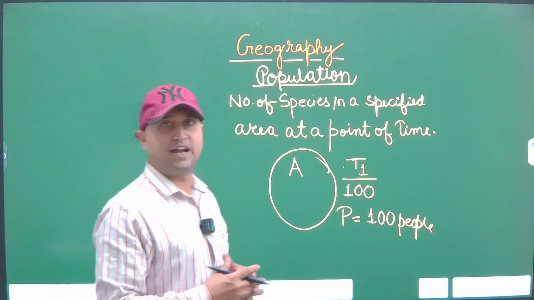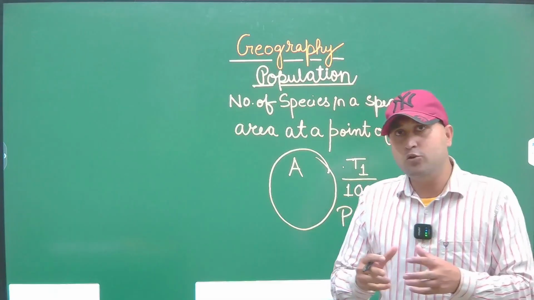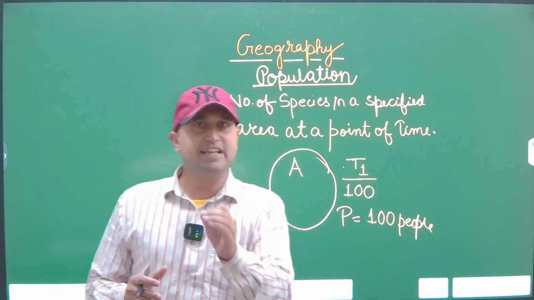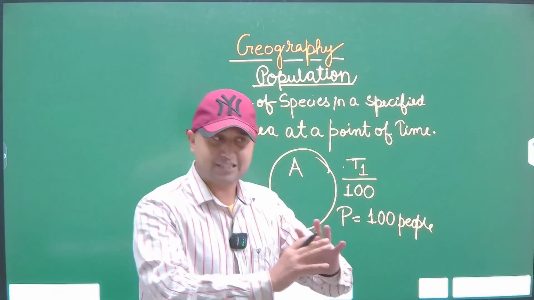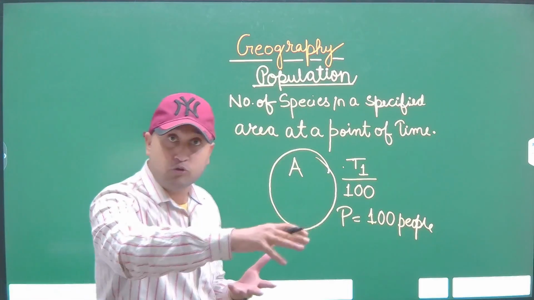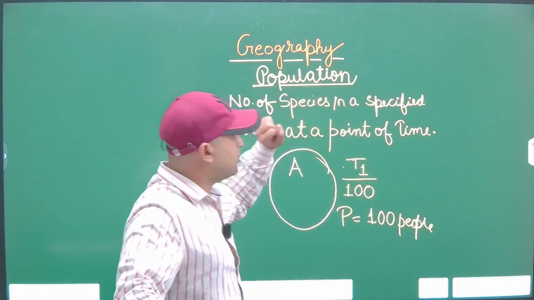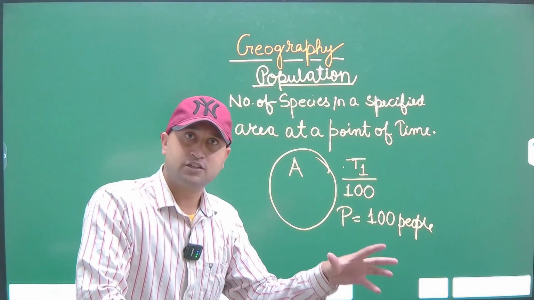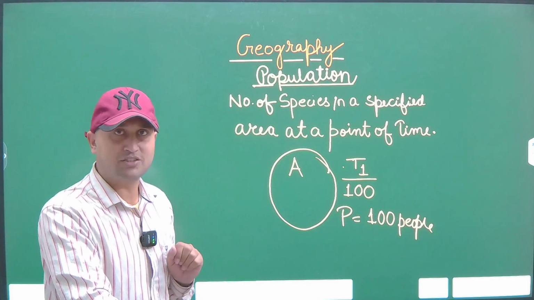Now we have to understand the different dimensions of population. If you know the different dimensions of population, you can easily understand how the population is spread and distributed. So in this chapter, we have to study the population through its various dimensions. What are they?